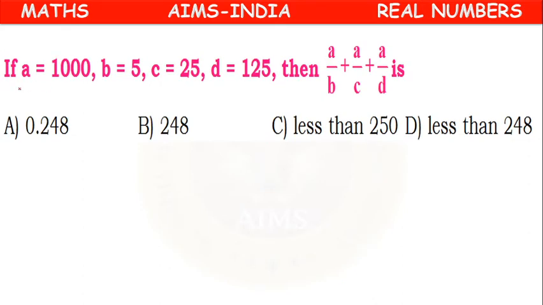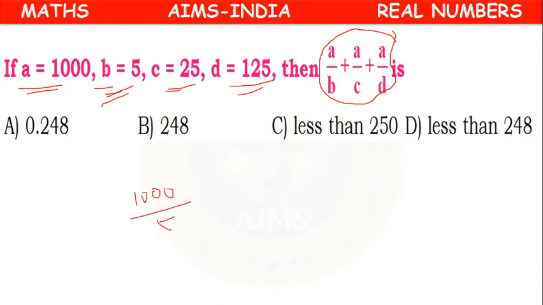Next, if A equals 1000, B equals 5, C equals 25, D equals 125, then what is the value of this expression? A value is 1000, 1000 by B, which is 5, plus A by C, which is 1000 by 25, plus A by D, which is 1000 by 125.